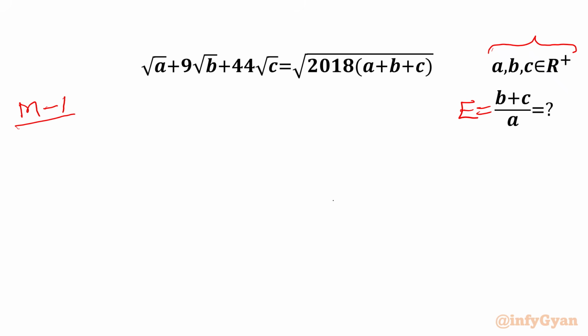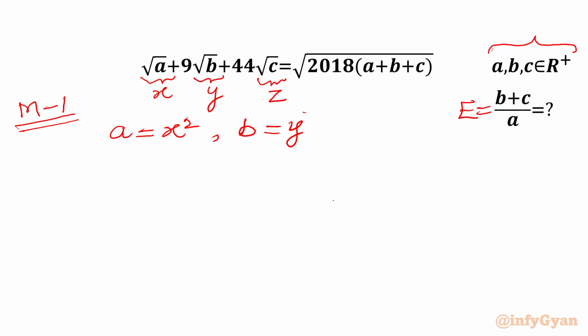So let me write here M1, which is our method number 1. In this method, we will assume square root a equal to x, square root b equal to y, square root c equal to z. So I can write a will be equal to x square, b will be equal to y square, and c will be equal to z square.